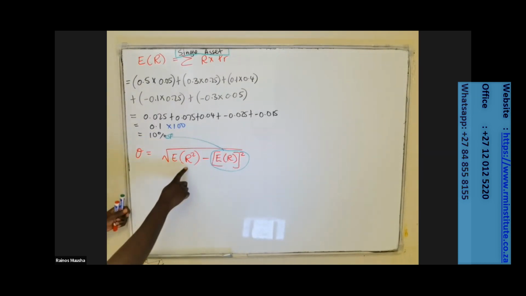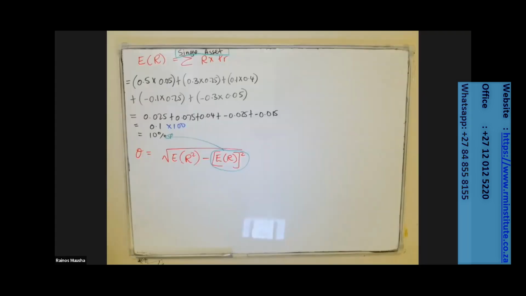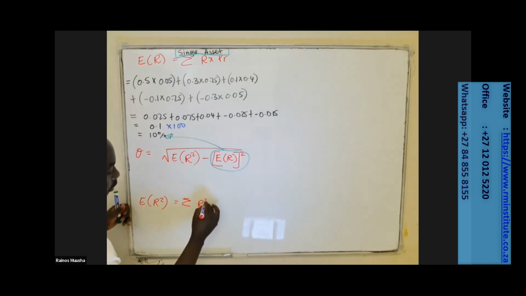But what we don't have yet is the expected value of the returns squared. The expected value of the returns squared is given as the sum of the individual returns squared multiplied by the probability of that happening.